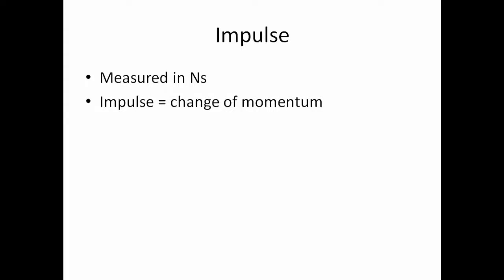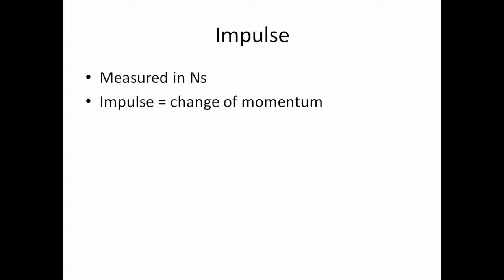Impulse. Impulse is measured in Newton seconds and is equal to the change of momentum of an object. So, for example, if you throw a ball at a wall, let's say it weighs 1 kilogram and you threw it at 1 meter per second, it has a perfectly elastic collision, so it comes back to you at 1 meter per second, so the coefficient of restitution is, of course, 1.